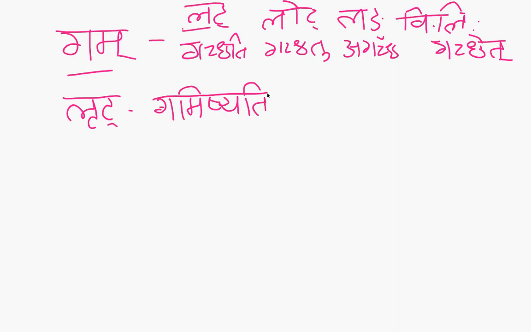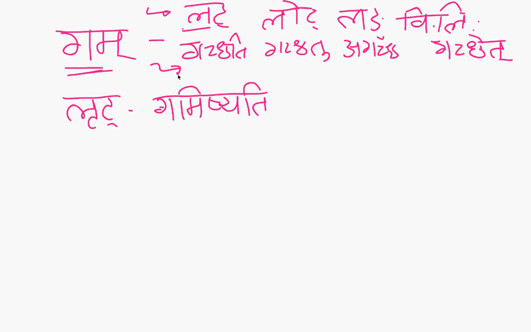And other lakaras also, some of you may be knowing already, like lut lakara and lung lakara. But anyway, we know that for these four lakaras, lat, lot, lang, vidhiling, this conversion takes place.